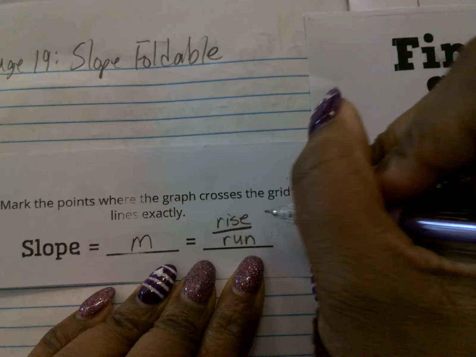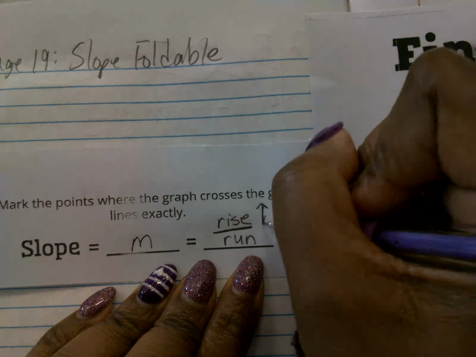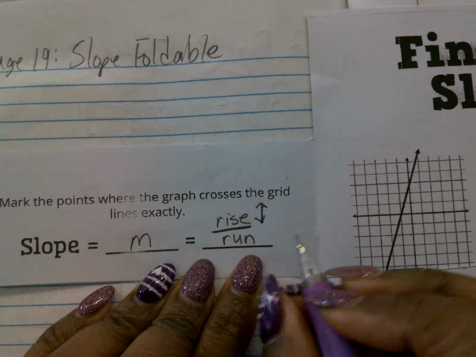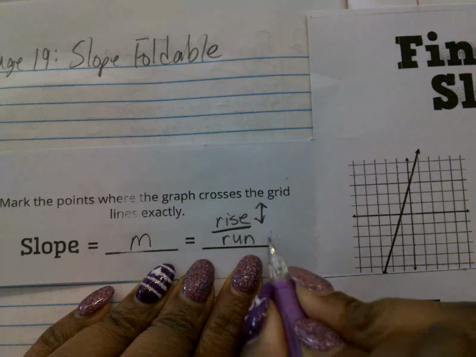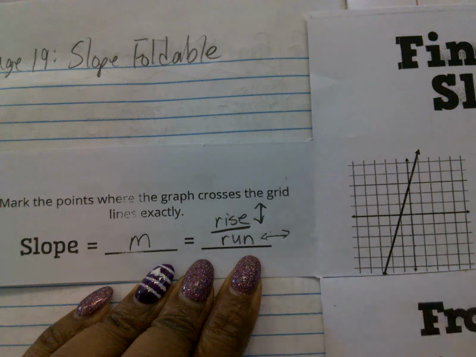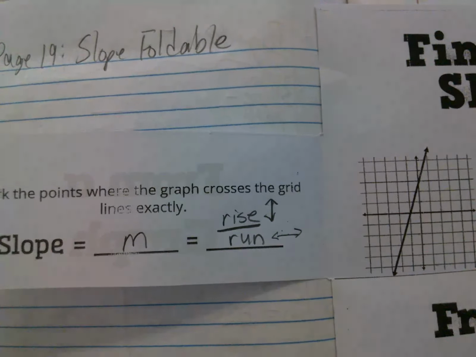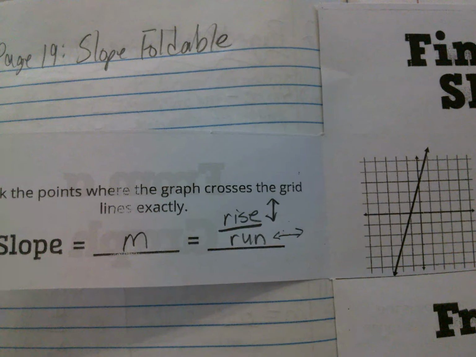Rise is going to be how far you go up or down. Run is how many spaces you go from left to right. I'm going to model that here in a minute, but please make sure that you write it down.